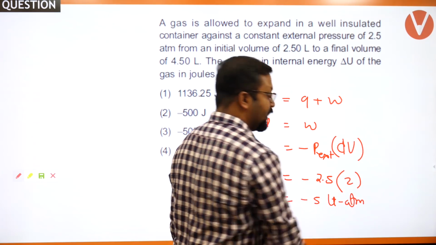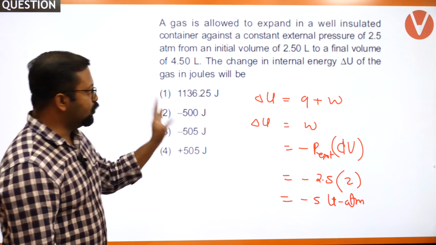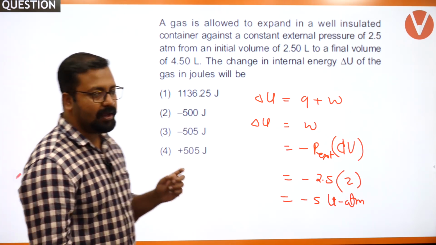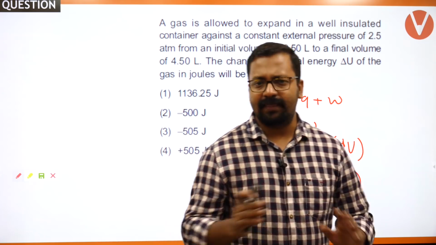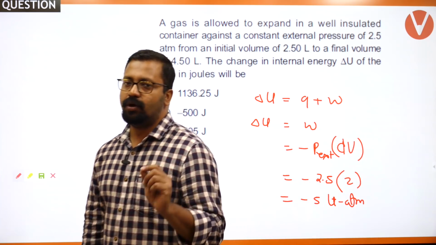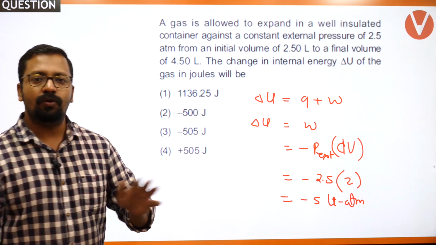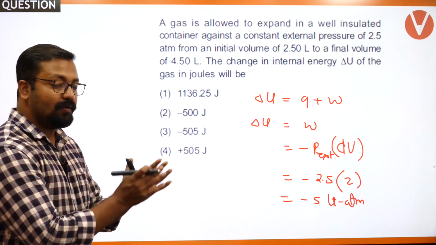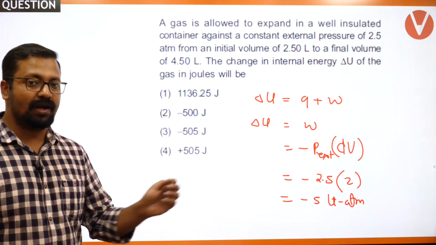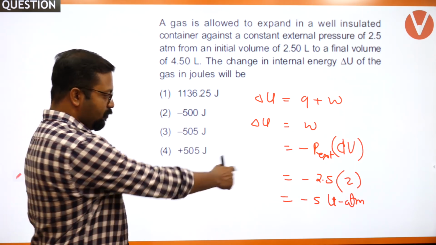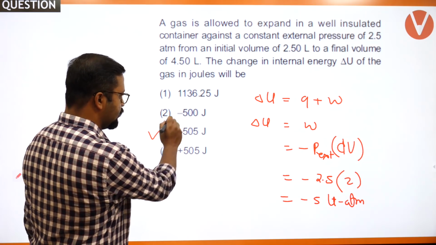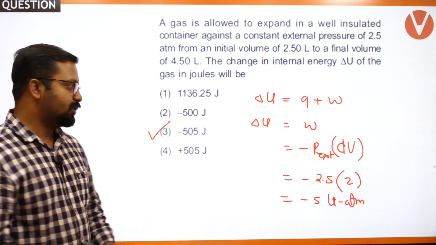Now liter atmosphere has to be changed into joules, and it will be multiplied by 101, that is the conversion factor. If you want to convert 1 liter atmosphere into joules, you multiply it with 101. So if you multiply it with 101, it will be minus 505. So right answer should be 3.